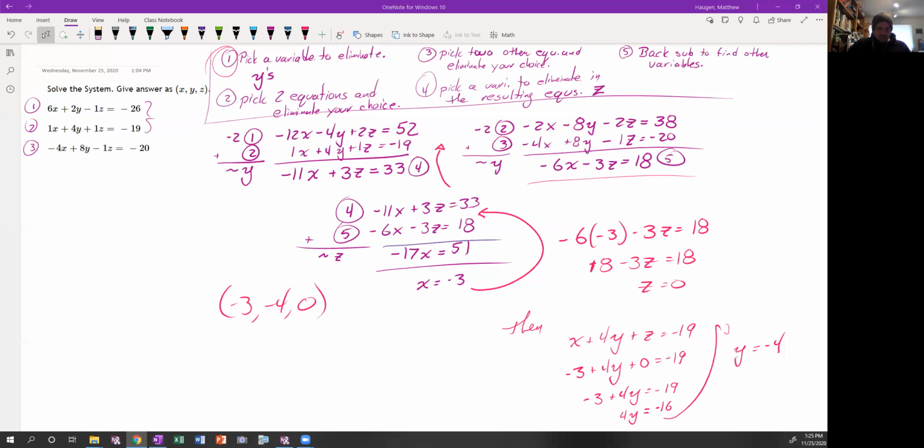So, ooh, they even have a mixture problem in there. That's fun.